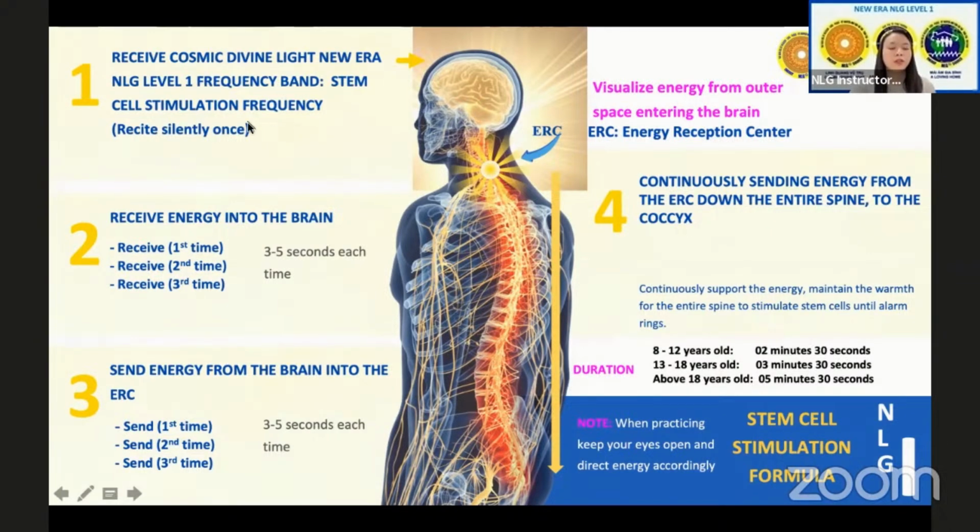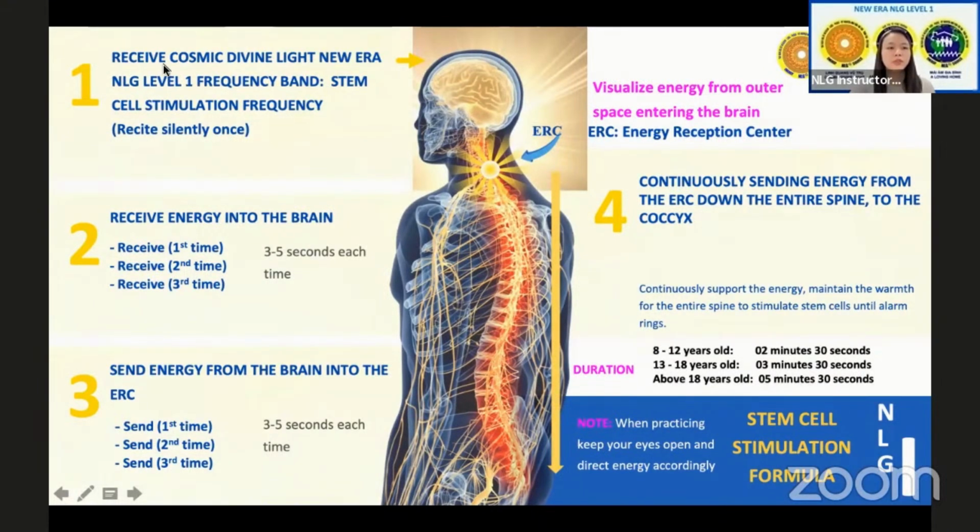It's also not just you, it's also for the cells in your body. There are a lot of them, and you need to clarify what it is that you need them to do. So step 1 is really important.